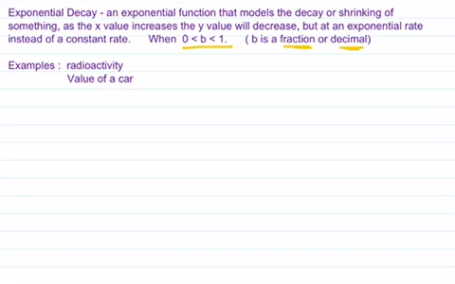Okay? Now, examples of decay. I don't have quite as many examples of decay, though I know they're out there. The more common ones are radioactivity. In other words, when a place gets hit with a radioactive bomb, or when a nuclear power plant has a leak, initially the radioactive material is very, very high in the atmosphere, but it reduces at an exponential rate.